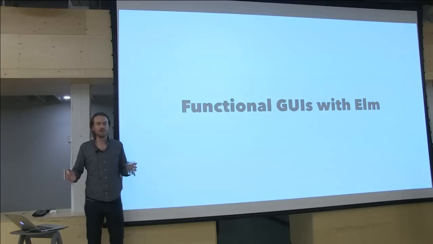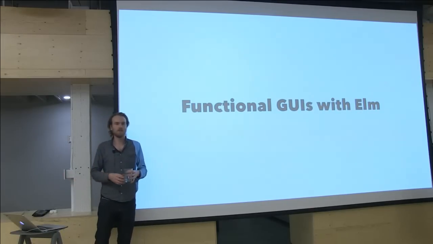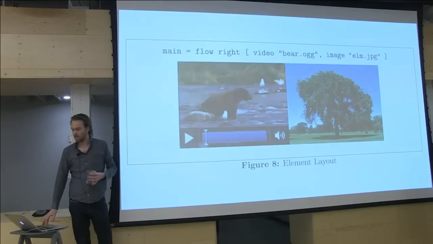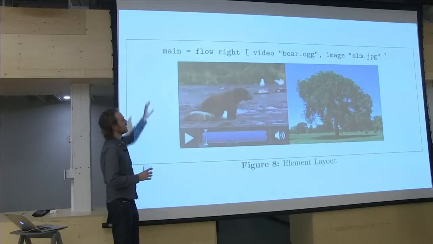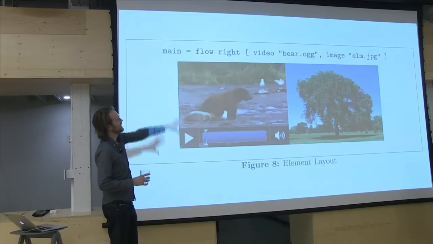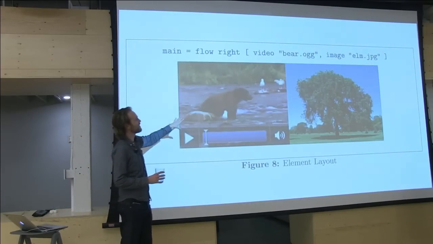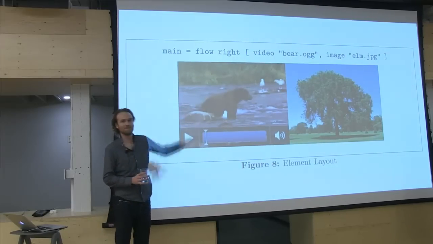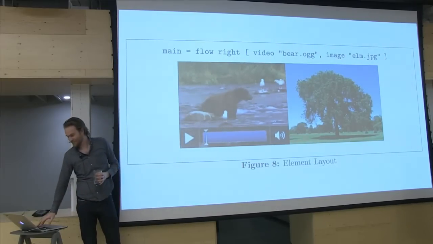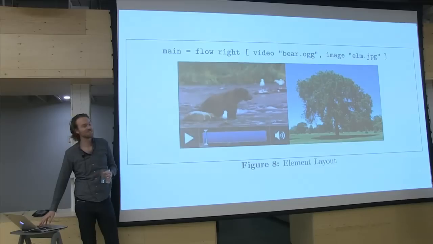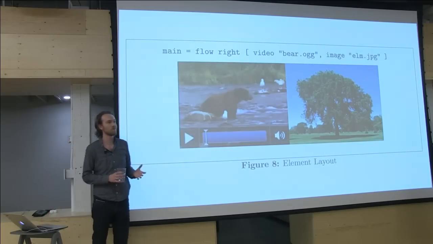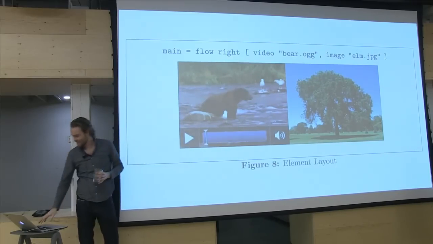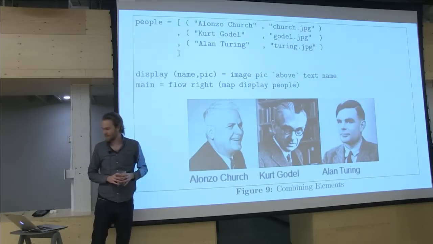Elm has this whole great system of rendering GUIs. It has this awesome way where you can say here's a video of a bear and here's an image of a tree, and just flow them to the right. You can also say up or down, or even inward or outward, like this. Here's another example.